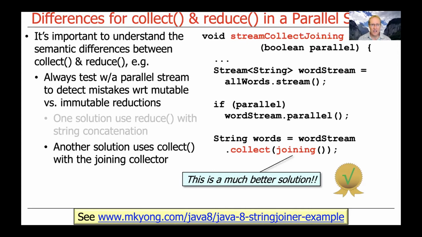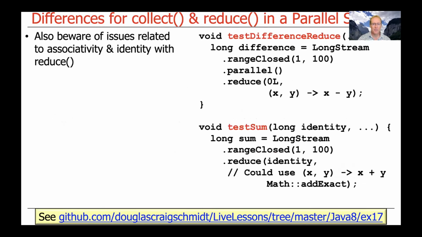And it'll do the joining in such a way where we don't have to worry about race conditions because of the way that the streams framework handles the calls to various types of collectors in a parallel stream. So this is going to work just fine, does not incur any of the problems that we see happen with reduce and the use of a mutable StringBuilder. So this is a much better way to go for that particular type of scenario.